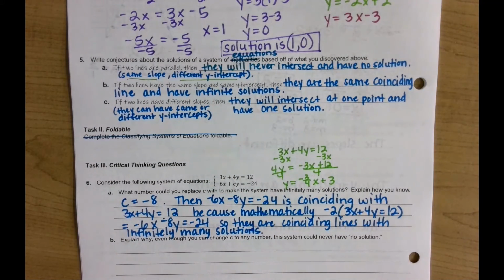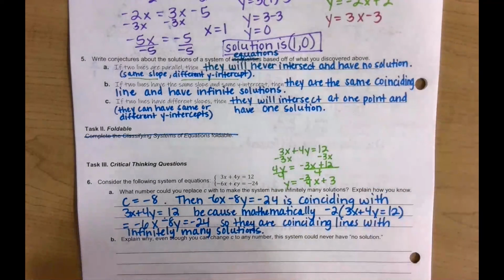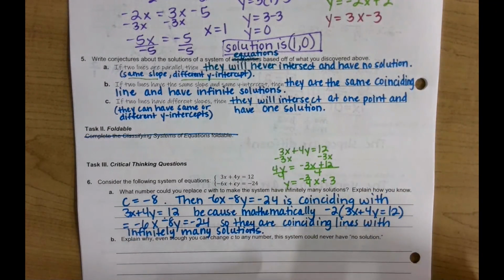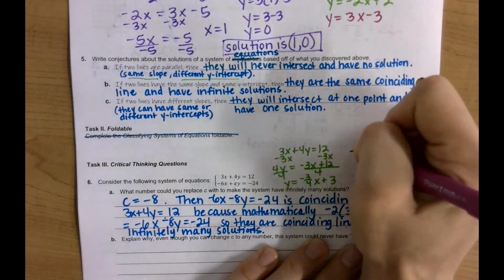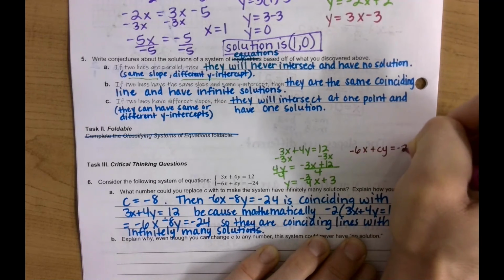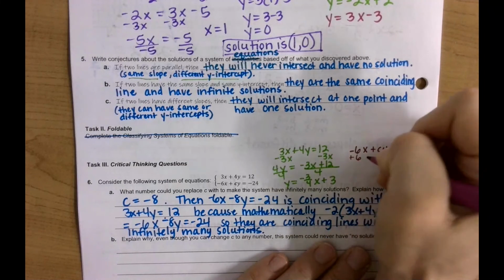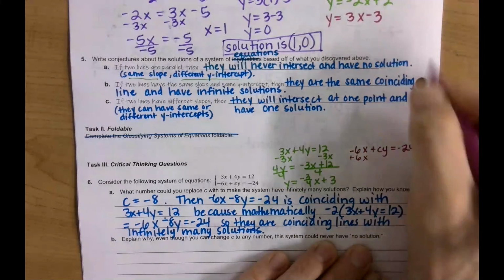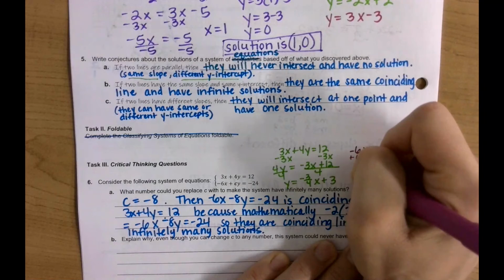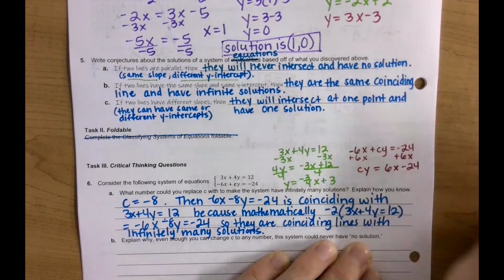Then for the other equation, I'm just going to keep it c: negative 6x plus cy equals negative 24, plus 6x, cy equals 6x minus 24.